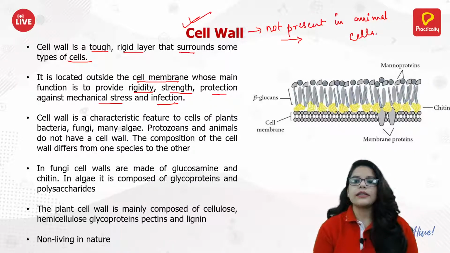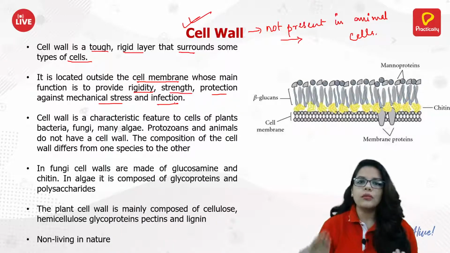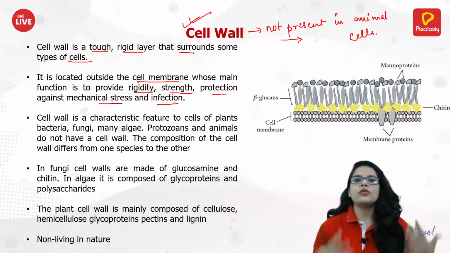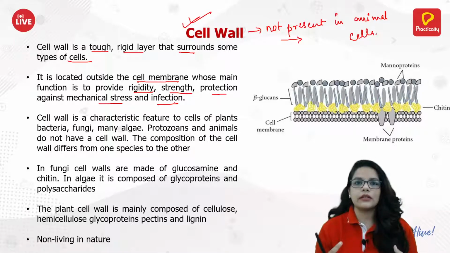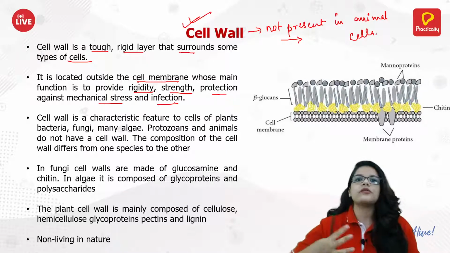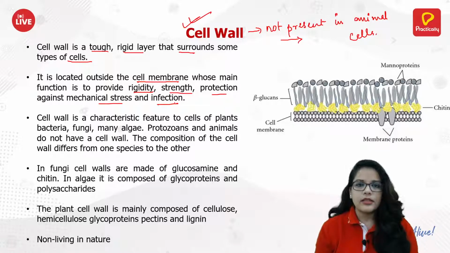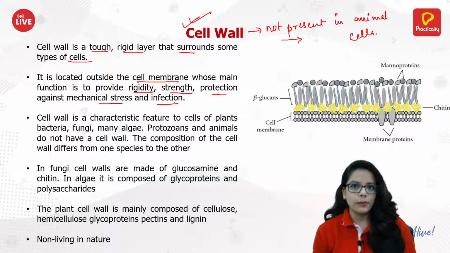Try and understand this. When we talk about plants, we know they cannot move, so they need some strength in their cells. The whole body is made up of cells, right? So they need some kind of strength to stand in one place and to protect themselves from different kinds of weather and environments. This kind of strength and protection can only come from something like the cell wall.